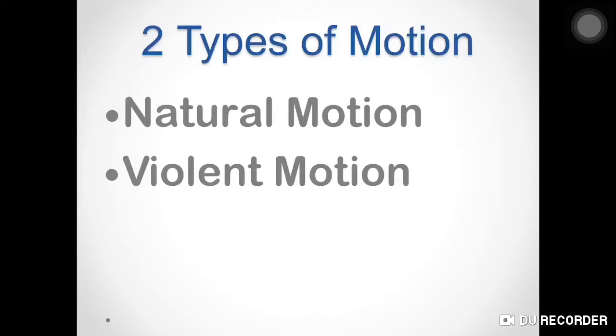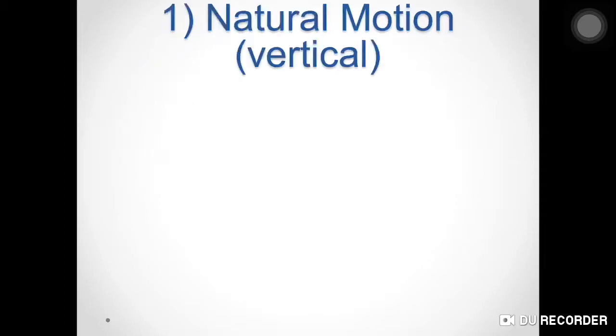So maybe you have some ideas already, or you are thinking of something already based on the words themselves. So natural motion, natural. 'Diba? Violent motion. When we hear the word violent, there is something that comes to our mind, 'diba? So, let's find out.